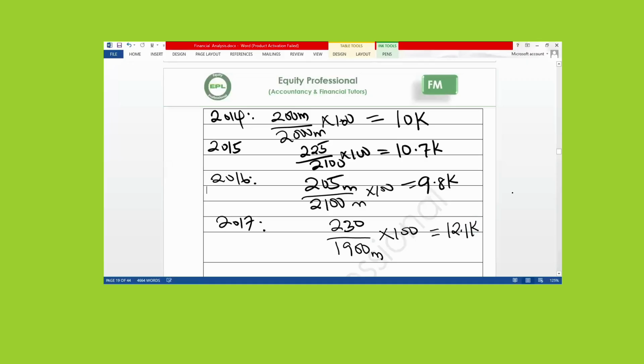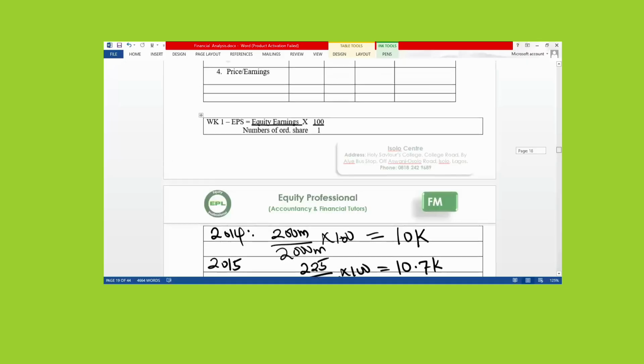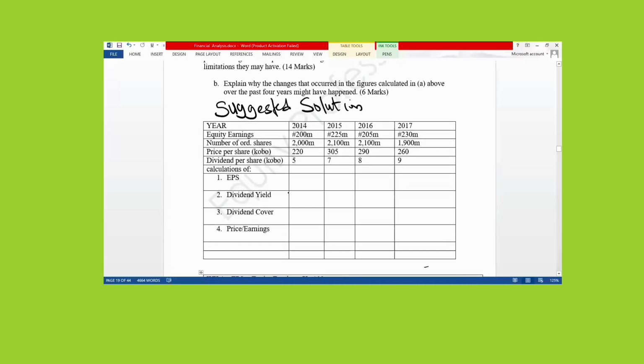You have calculated earnings per share in kobo: 10 kobo, 10.7 kobo, 9.8 kobo, 12.1 kobo. We are done with the calculation of earnings per share.